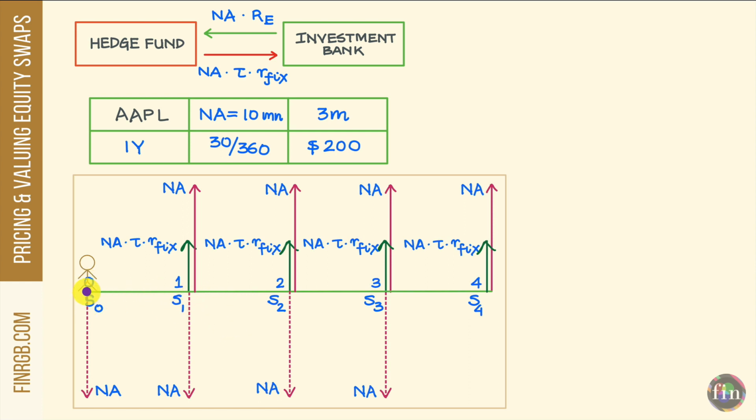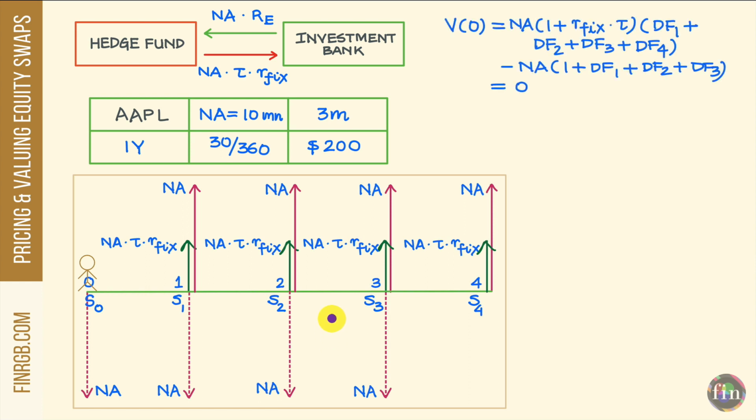And now to calculate the value of this equity swap, all we have to do is discount all these cash inflows and these planned investments using the current term structure of interest rates and the discount factors which come from this current term structure. Okay, and this is what I have done here. See, the value of this equity swap as of this time t equal to 0 is simply equal to the aggregate present value of these 4 cash inflows.